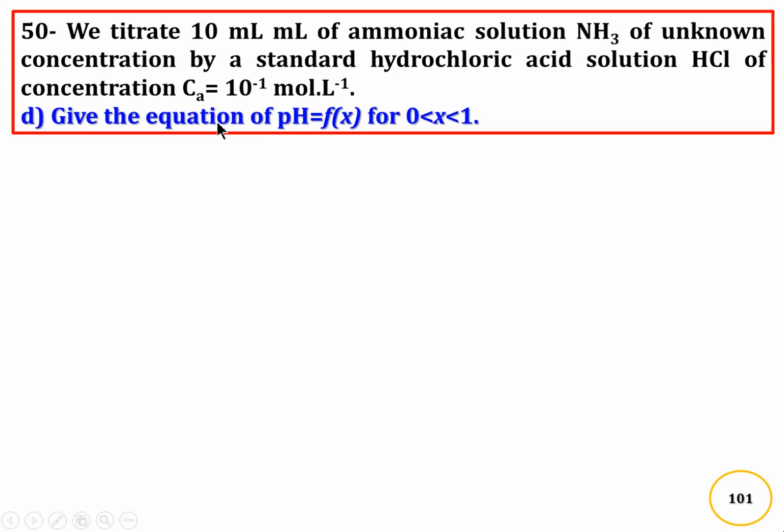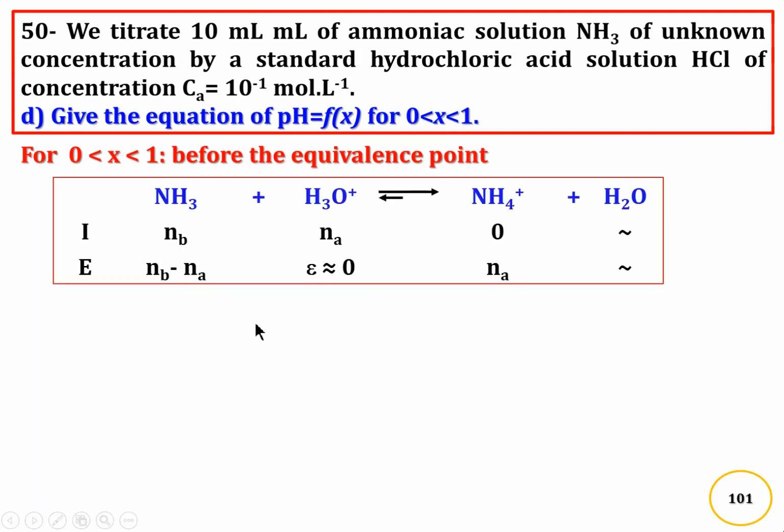By the same way as exercise 49, we will find the relation between pH and X for X between 0 and 1. So for X between 0 and 1, we are before the equivalence point. That means ammonia is in excess, HCO plus limiting, and we have formation of NH4 plus.